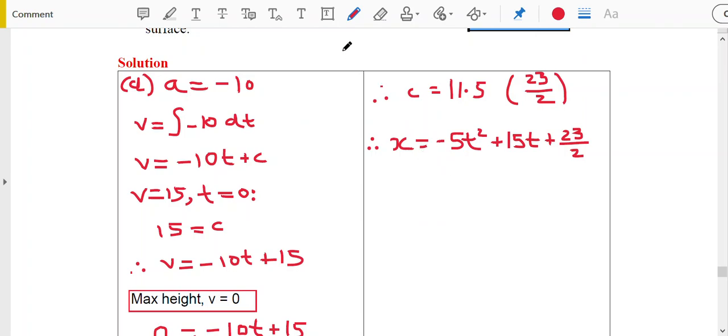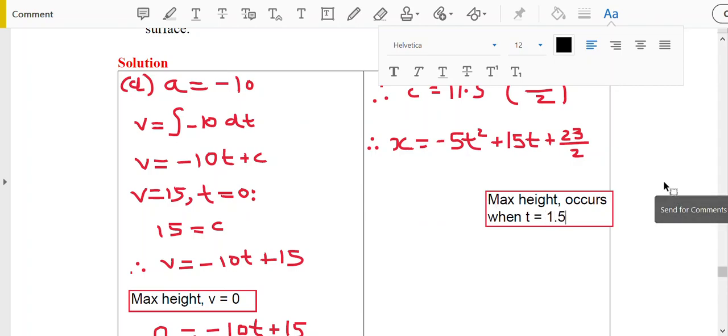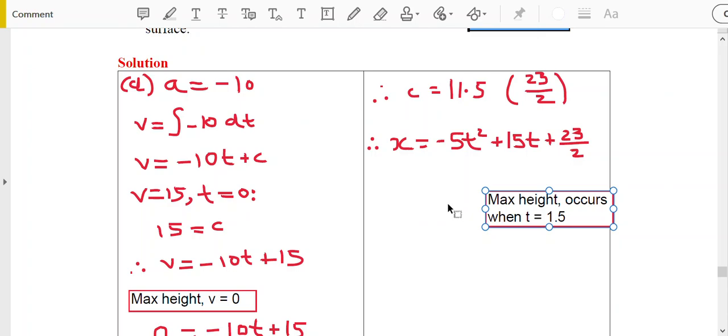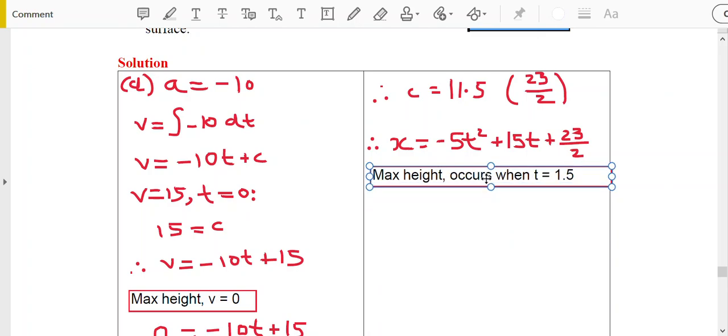I can substitute t equals 1.5 into this. So max height occurs when t equals 1.5, because that's what we worked out in part A. I substitute t equals 1.5 into this equation here.